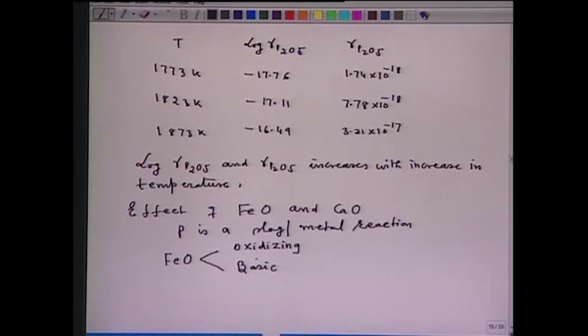So, in its role of oxidizing atmosphere, we can write the reaction 2P plus 5FeO equal to P2O5 plus 5 iron. In this reaction FeO is providing oxygen to react with phosphorus and to get P2O5.